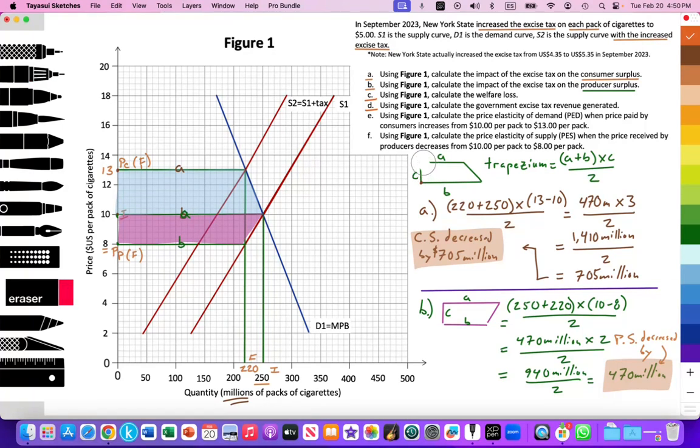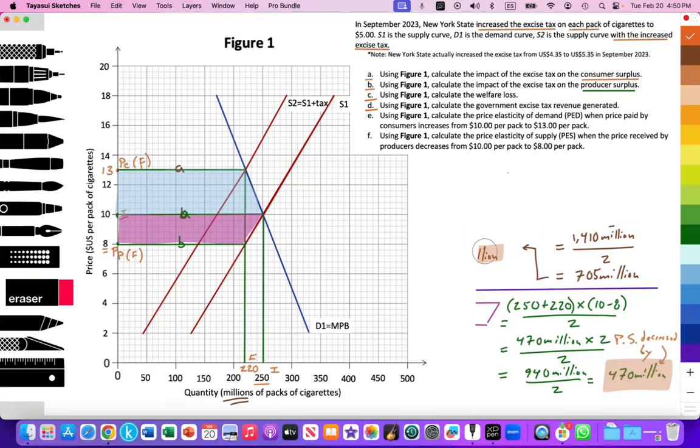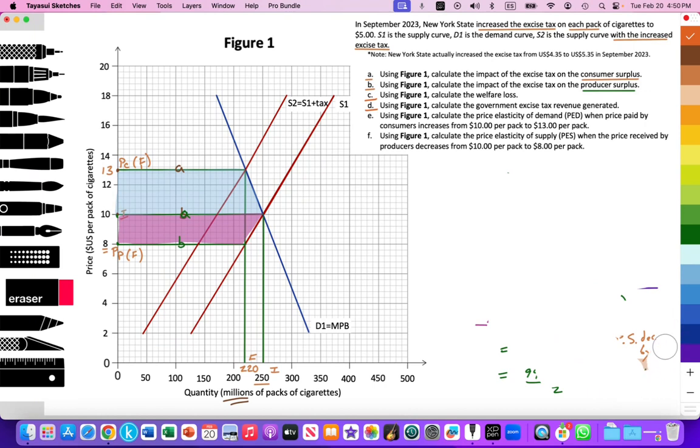Those are the workings from that previous video. Here we're going to calculate the welfare loss and the government excise tax revenue generated, and then there'll be a final video on PED and PES using this given model.